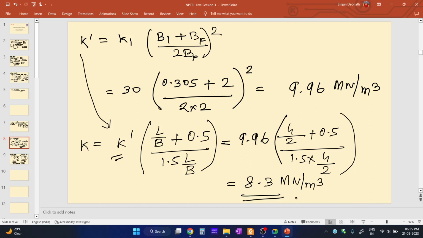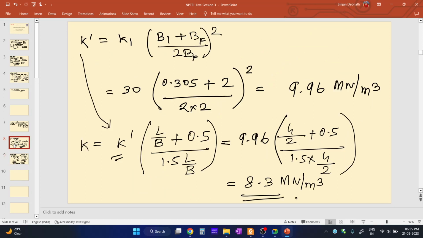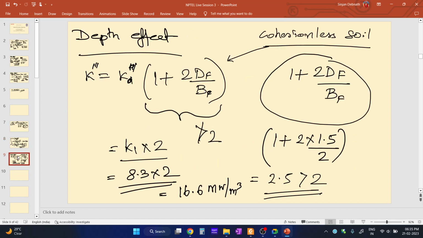Now in this question, after the depth effect, let me write it like k triple dash. Actually, let me give k double dash to this one, and k triple dash to the depth effect.